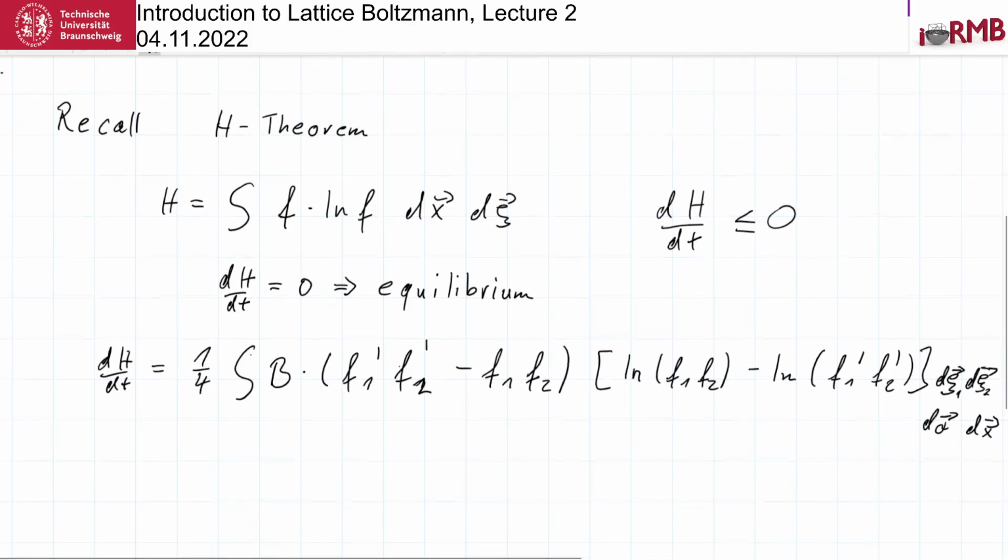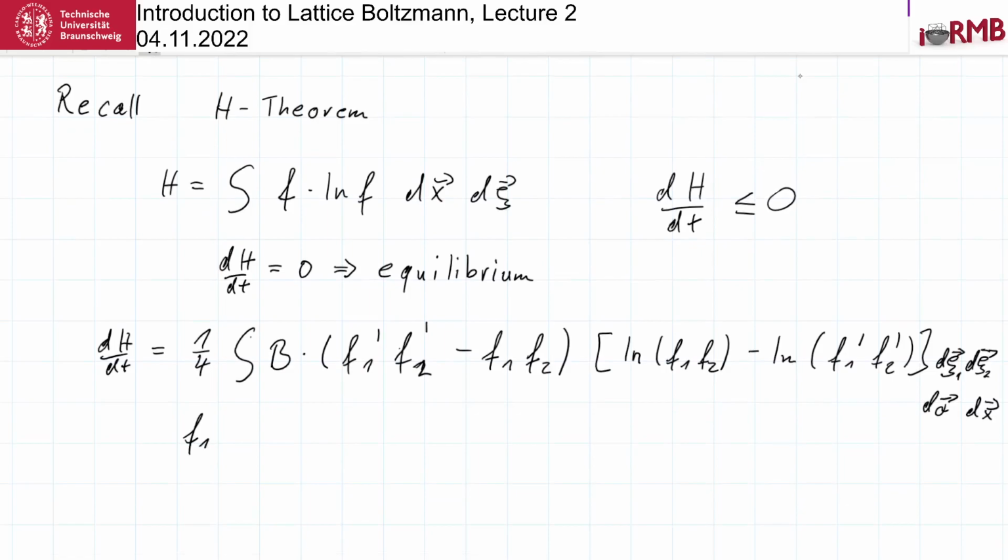Again we said that F1 dash is equal to F1 at the microscopic velocity c1 dash, and the same thing for F2.